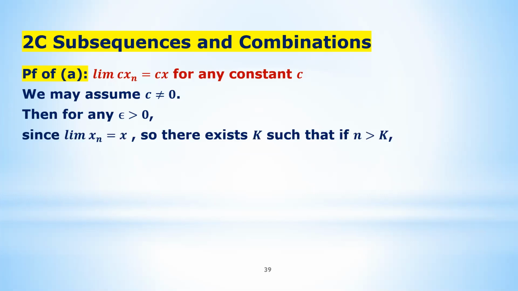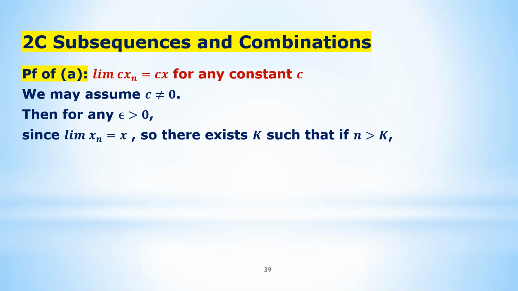Based on the definition, since the limit of xn equals x, there exists k such that if n is greater than k, we get that the absolute value of xn minus x is less than epsilon, right?